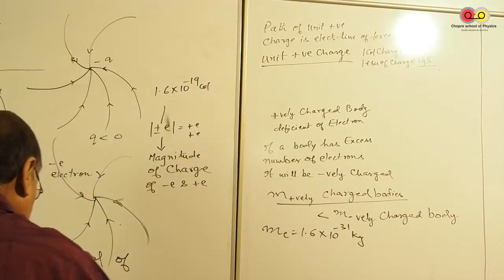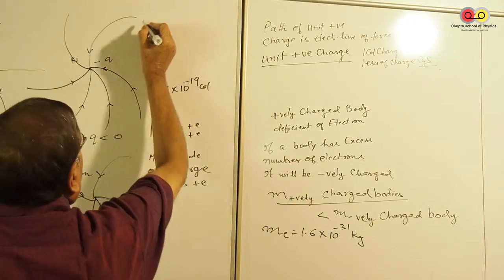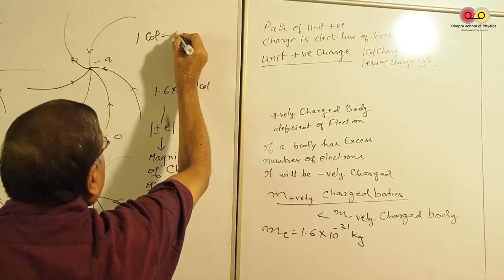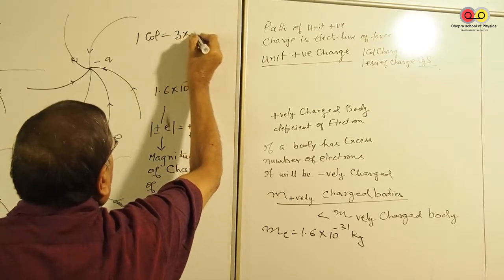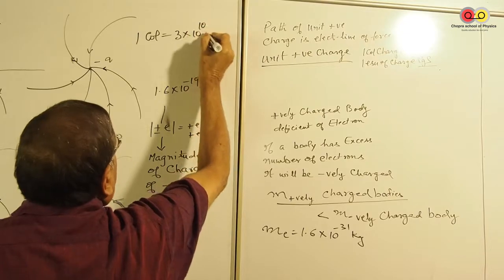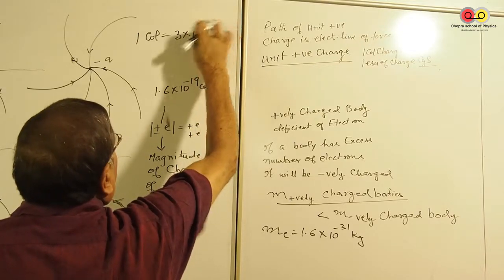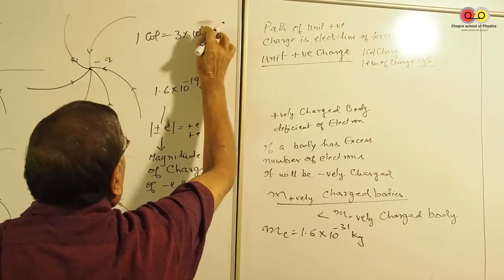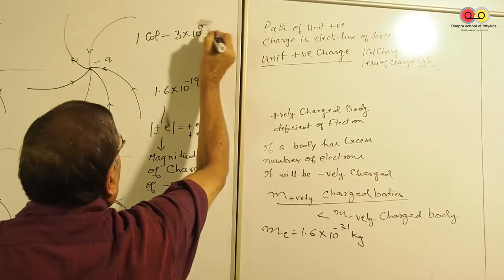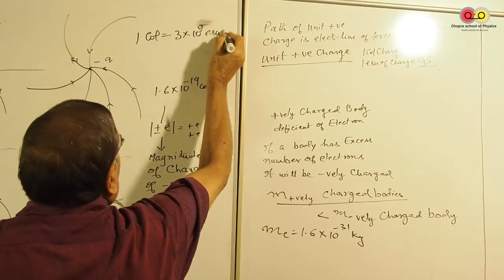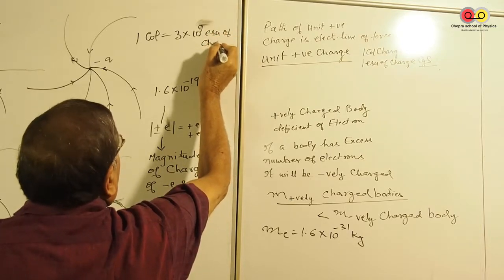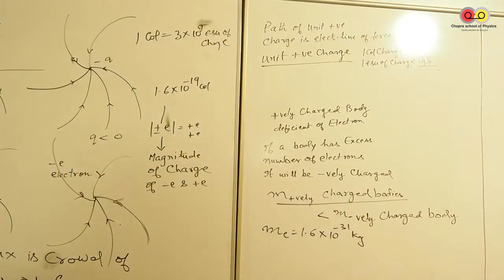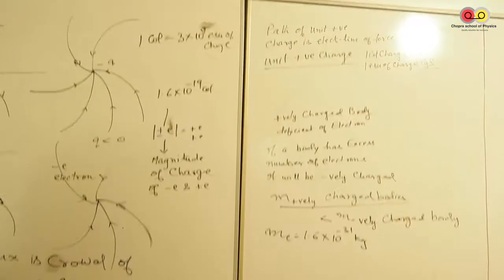This statement will be more elaborate: 1 Coulomb, taken as the nearest approximation, is 3 into 10 to the power 9 ESU of charge.